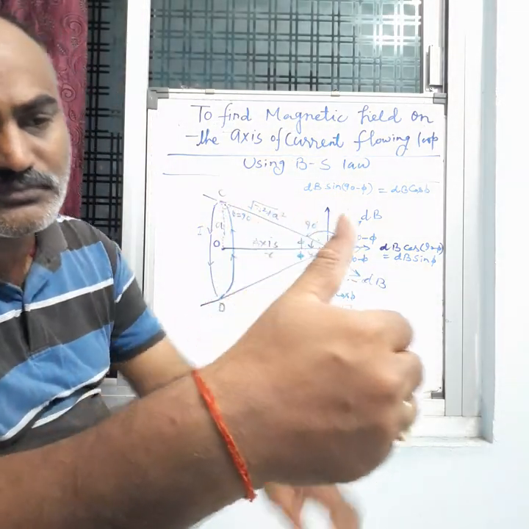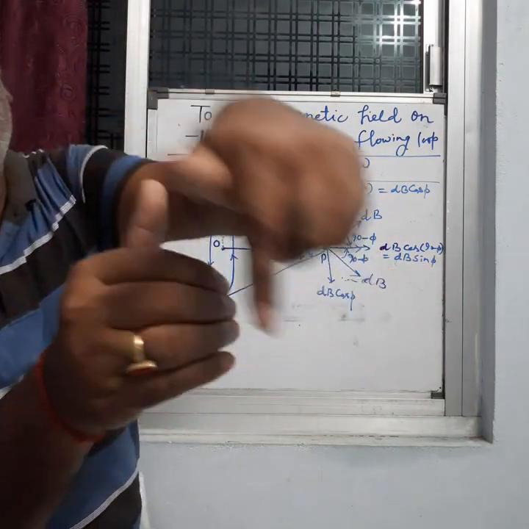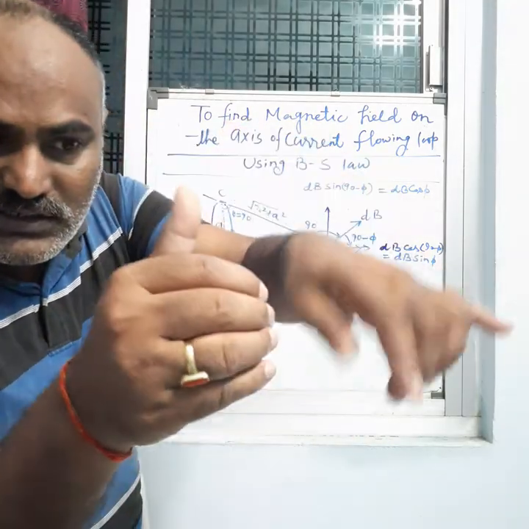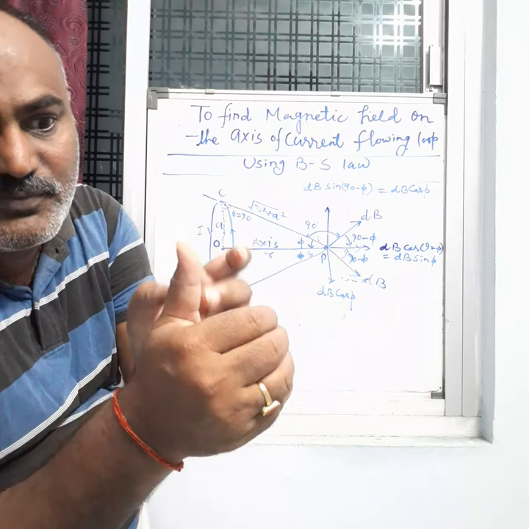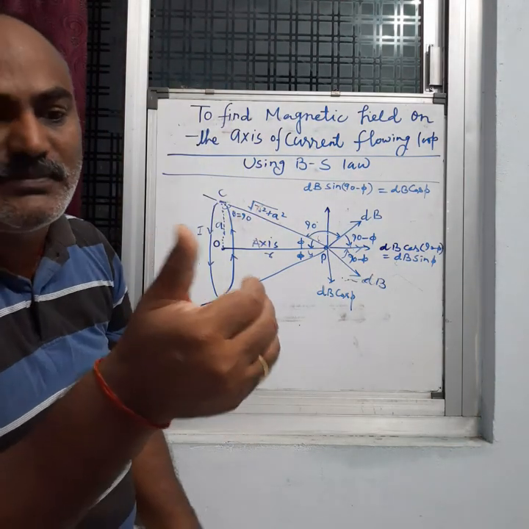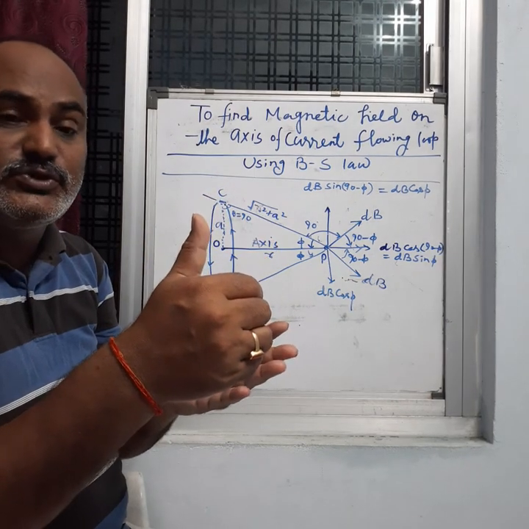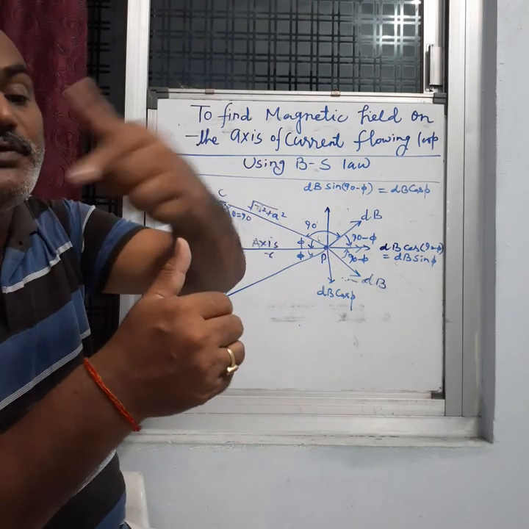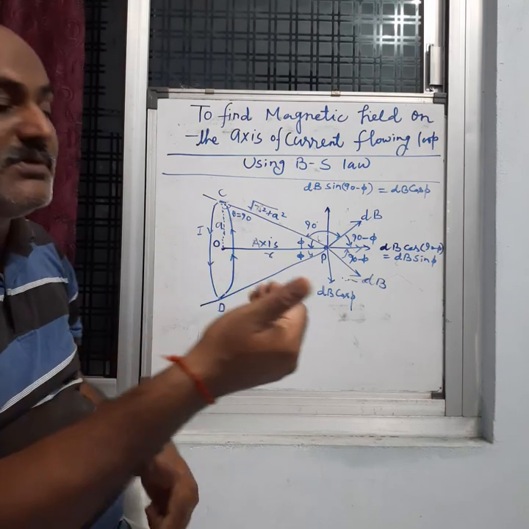This is the right hand, and if the current is flowing along the fingers, then the magnetic field is produced along the thumb. See, in both ways it is used. If current is flowing along the thumb, magnetic field will be along the fingers.